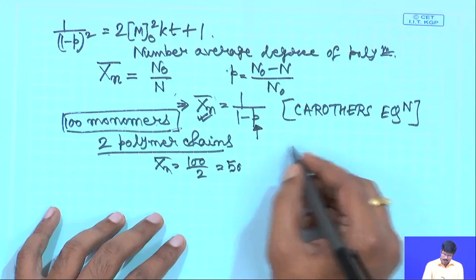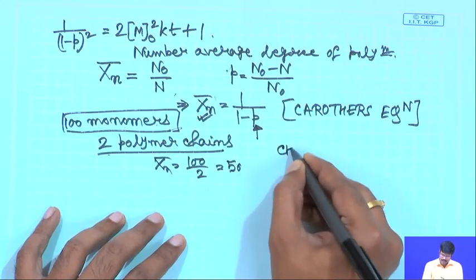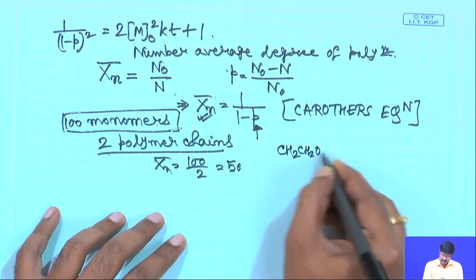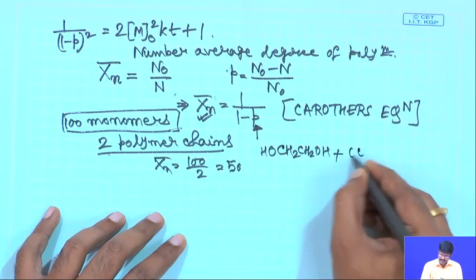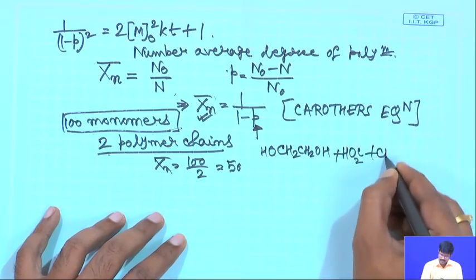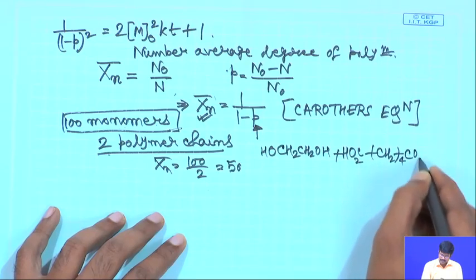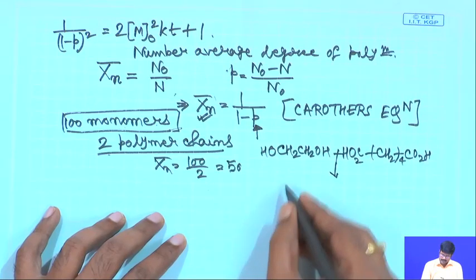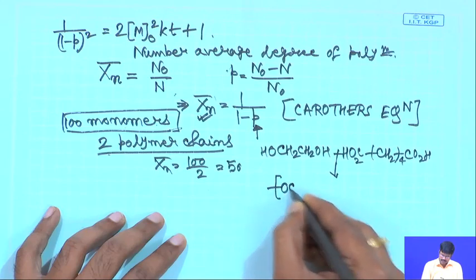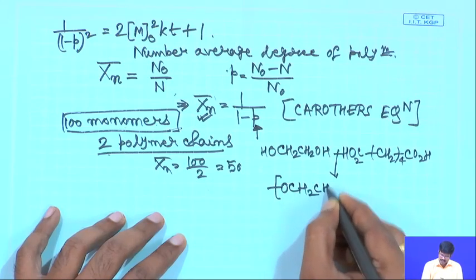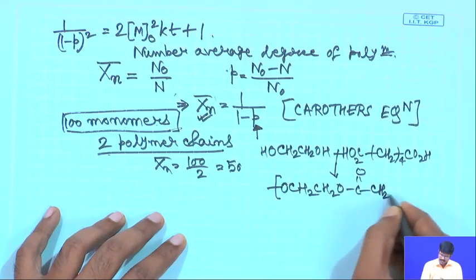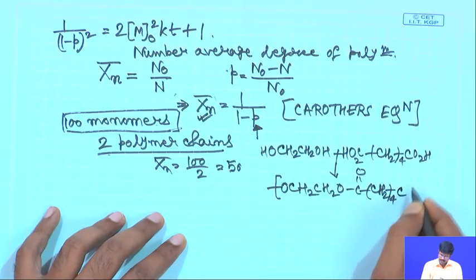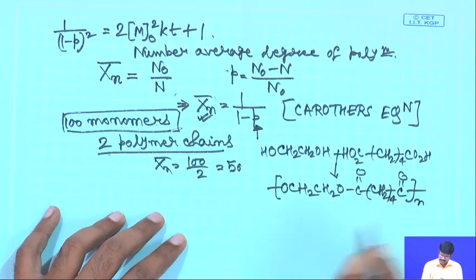So, if you are reacting, say, ethylene glycol with adipic acid, then you have this kind of repeating unit: CH2 CH2 O CO (CH2)4 CO, like this, a polyester.